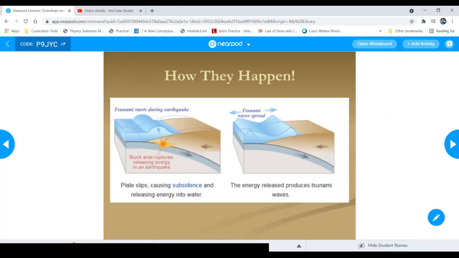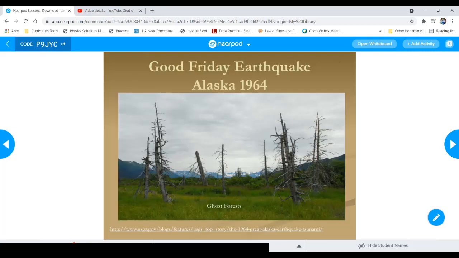And then finally, it snaps. As it snaps, the bottom of the ocean basically drops, and it creates a wave above it. And then it creates one perpendicular, and then it spreads out. And that's how a tsunami works. So let me stop this one.